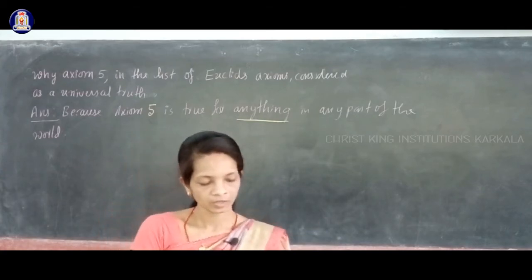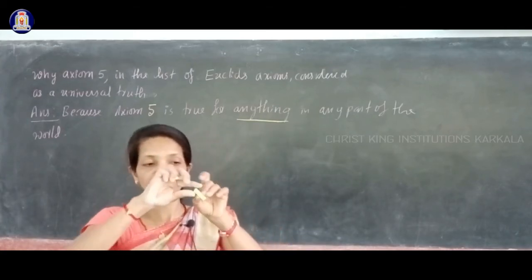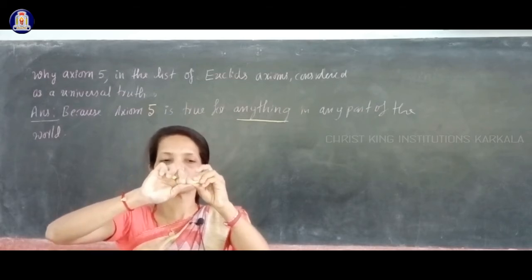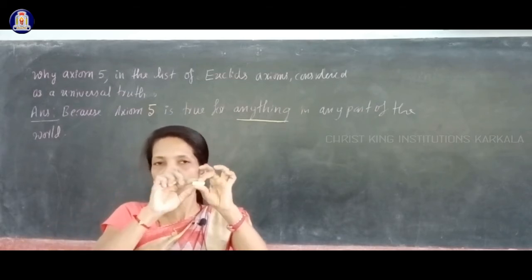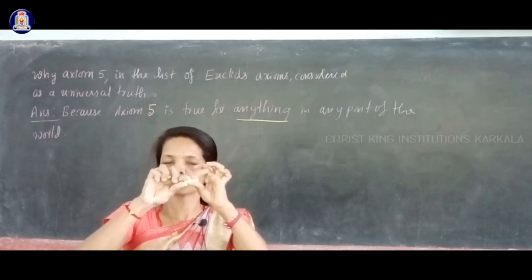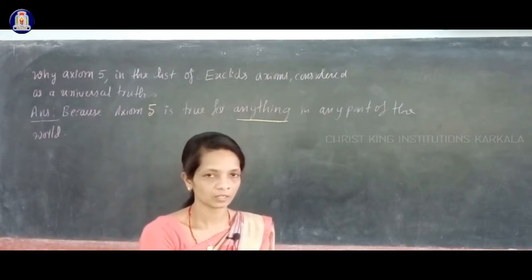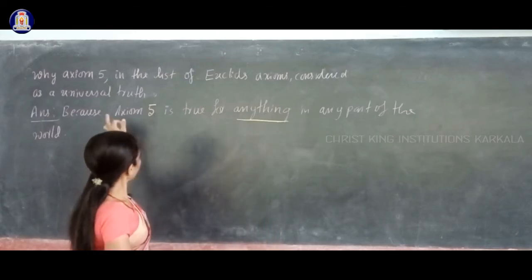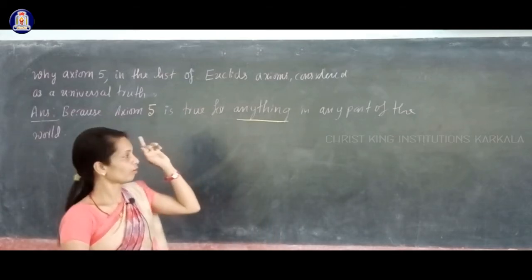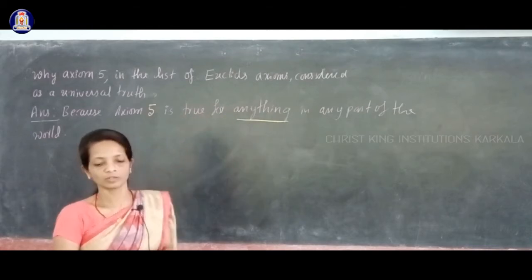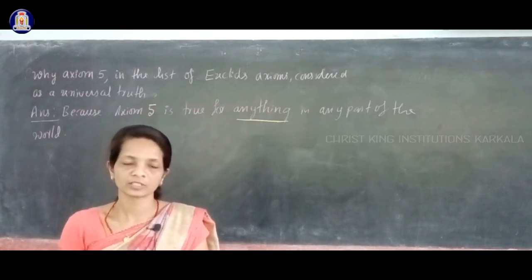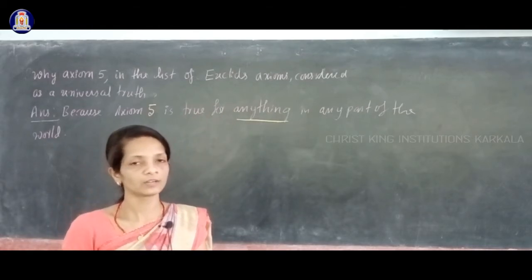And if you take a chalk piece and cut it like this, then the whole chalk piece is clearly greater than the part. So you can apply axiom 5 for anything in any part of the world, so it is considered a universal truth.